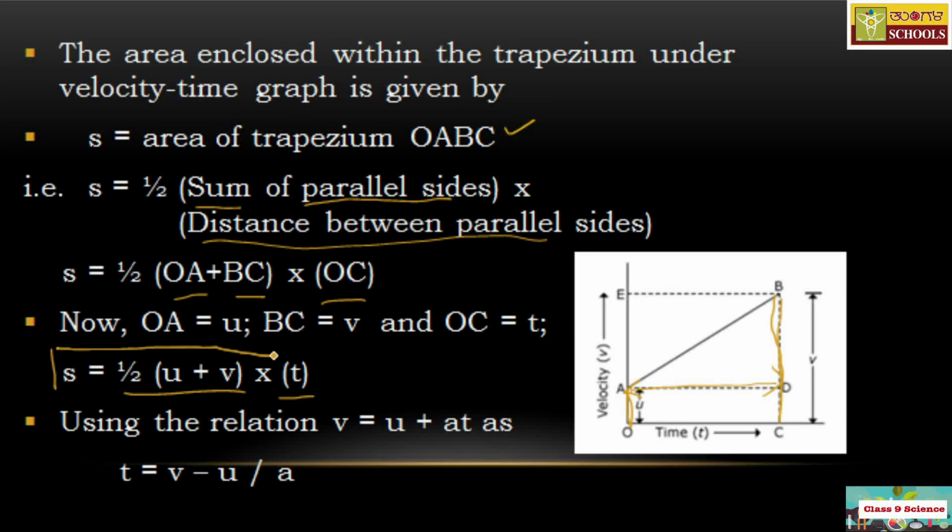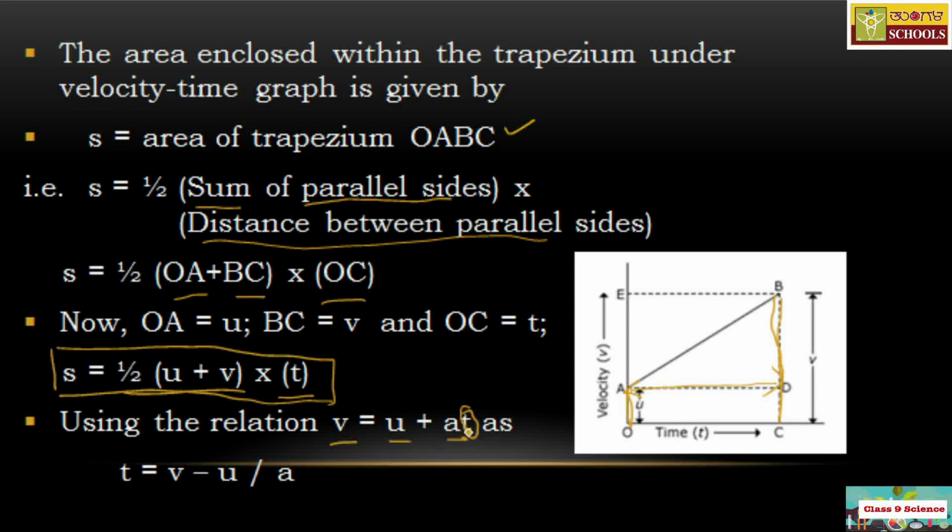I hope you are getting all these points up to this mark. The next step is using the relation v equal to u plus at, from the first equation of motion. Calculate it for time t.